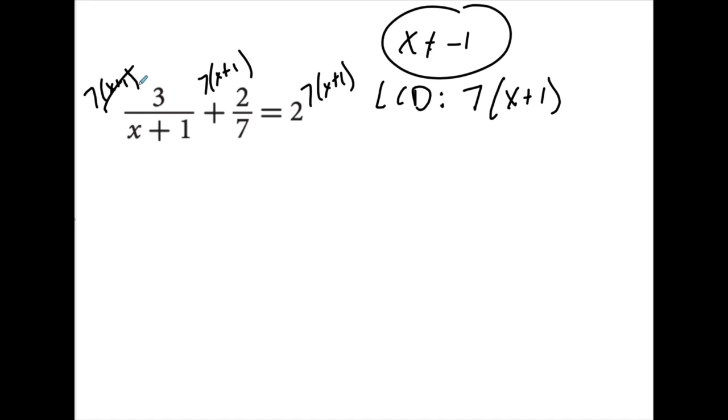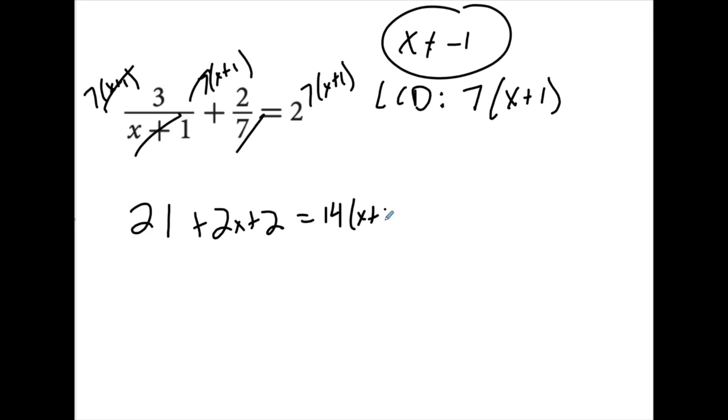Okay, so here the x plus 1s cancel and the 7 distributes. Here the 7 cancels and the x plus 1 distributes. So we have 2x plus 2. And here we get 14 times x plus 1, which is 14x plus 14.